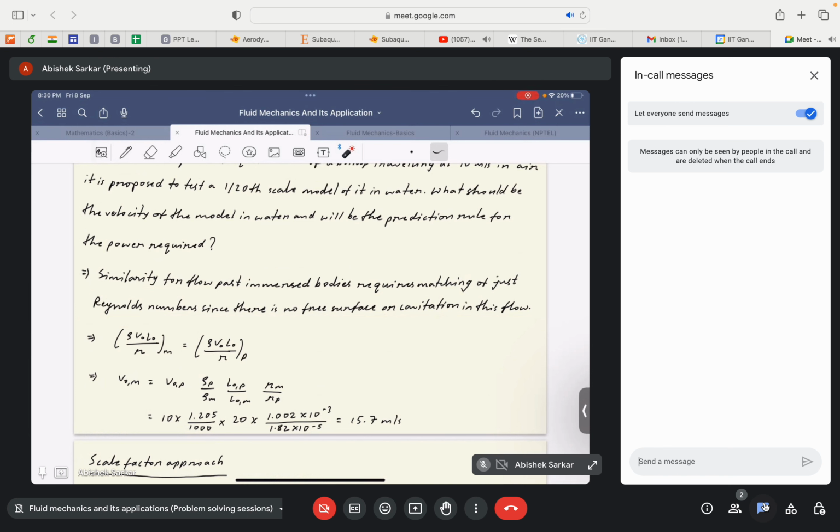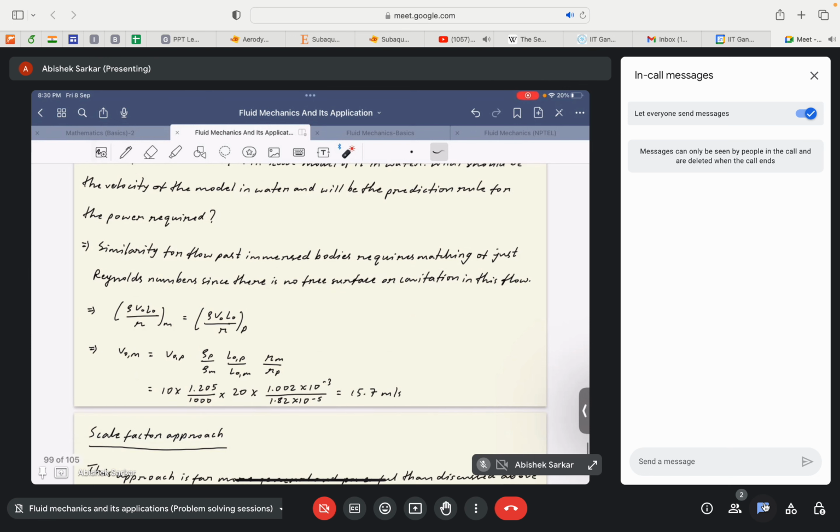Similar to that, in the case of flow past immersed or submerged bodies, matching the Reynolds number is enough, or is actually ideal for getting the unknown parameters, right? And since there is no cavitation, the Reynolds number can be matched.